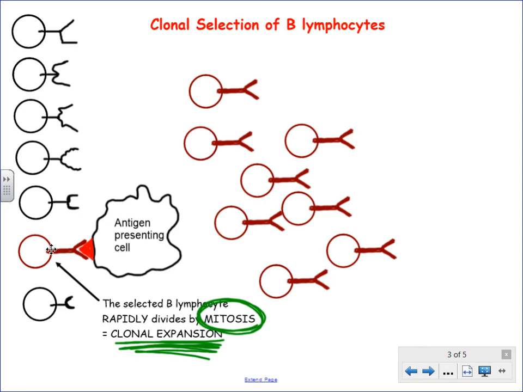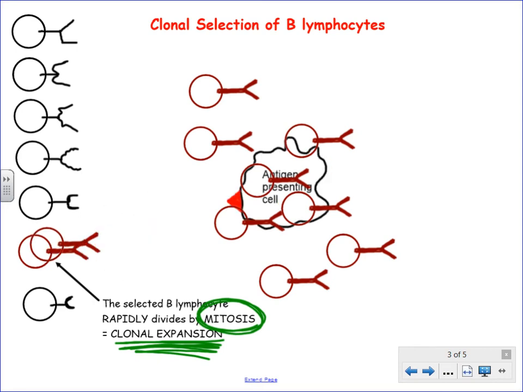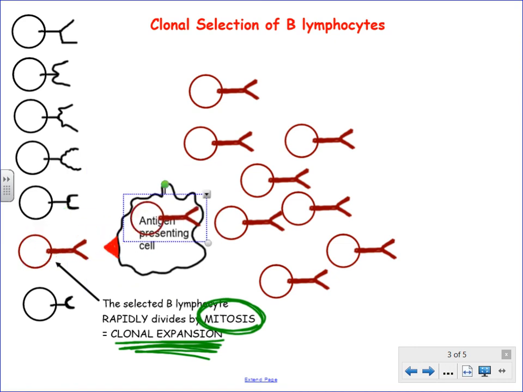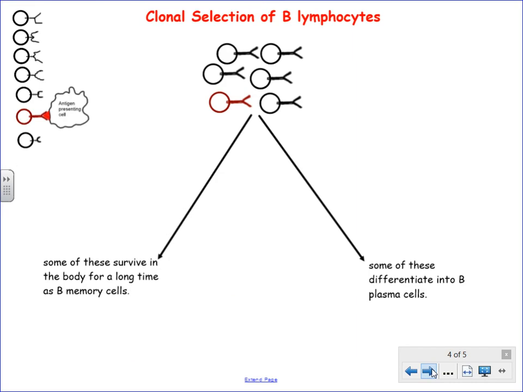So we get a large number of these B lymphocytes, hence clonal expansion. So here we have the large population of that particular B lymphocyte.